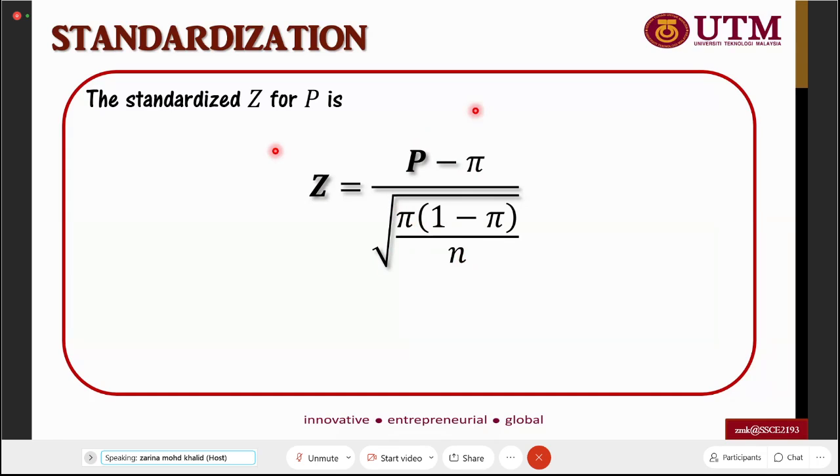And again, this standardization is available in your statistical table booklet, page 2. You can refer to your stat table. Always have your stat table when you do any exercise.